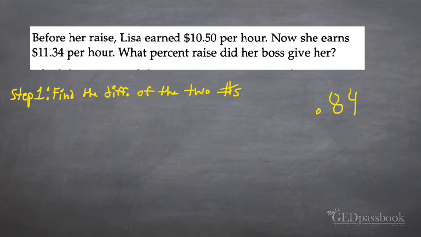That's what your calculator will say. Not 84, because that's a whole number. The difference between $10.50 and $11.34 is 0.84, technically 84 cents. So that's step number 1 always. Find the difference.